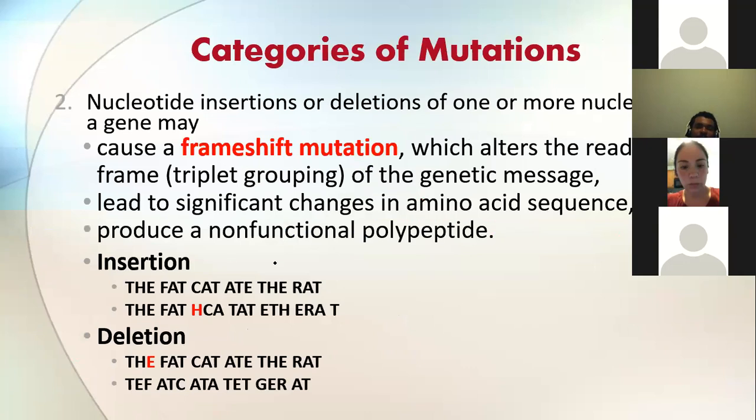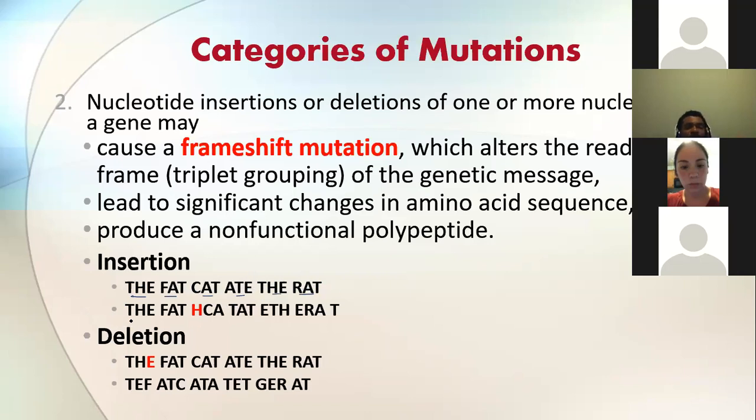So I gave you an example. Before mutation, the sentence was the fat cat ate the rat. So this is one codon, 2, 3, 4, 5, 6. Six codons are there. When they are in the original format, the cell can read it. It does have a meaning: the fat cat ate the rat.